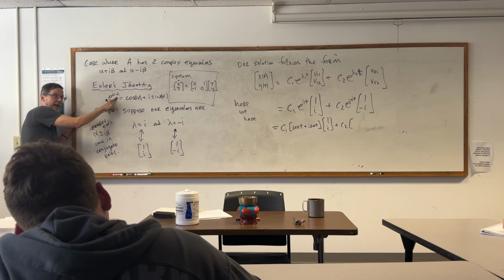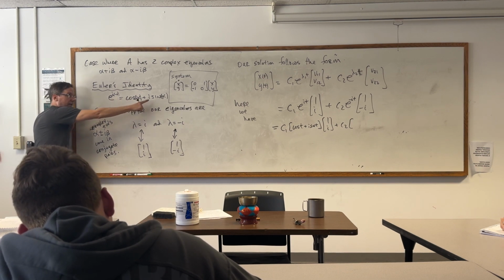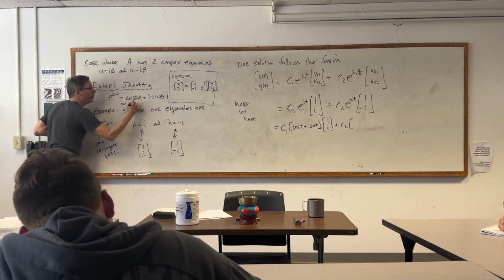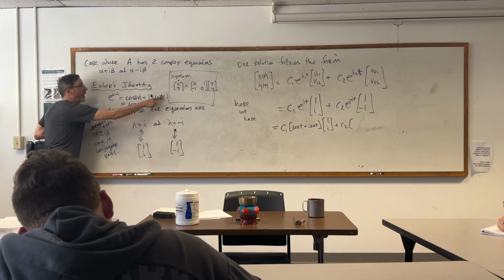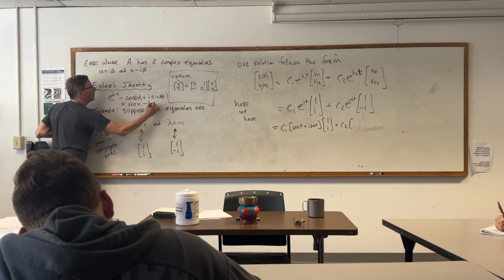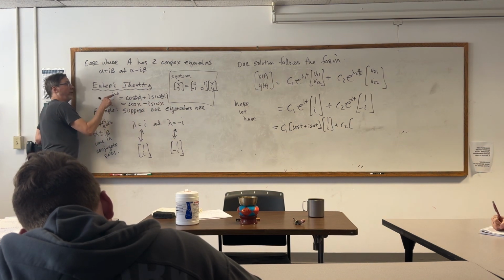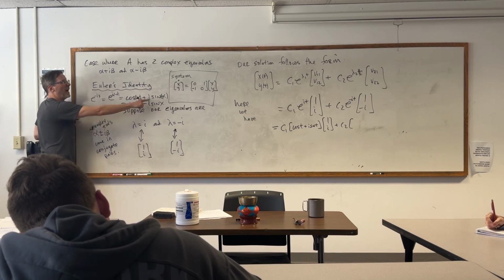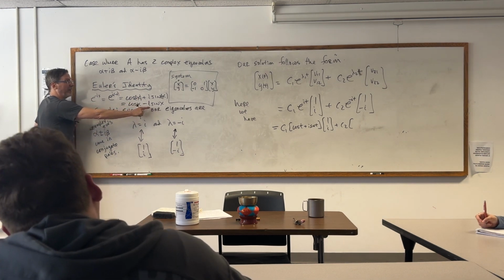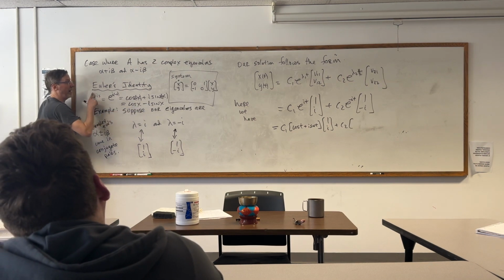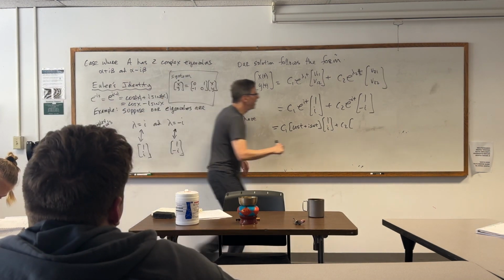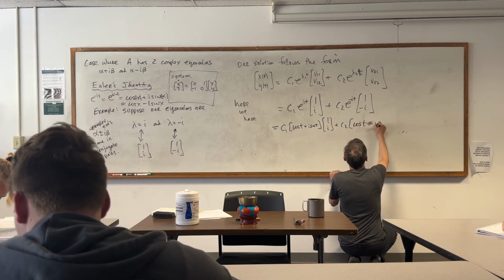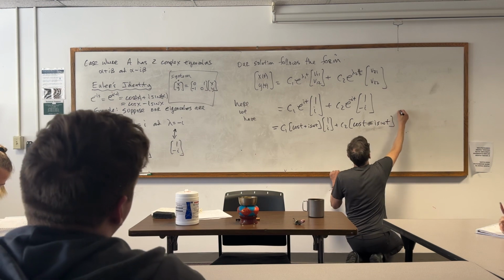So it's cos of negative x, sine of negative x. Cos is an even function, so you still just have cos. Sine is an odd function, so the minus comes out in front. So what I'm saying here is that e to the minus ix is cos x minus i sine of x. It's the conjugate of e to the ix. So this is cos t minus i sine of t times this vector.